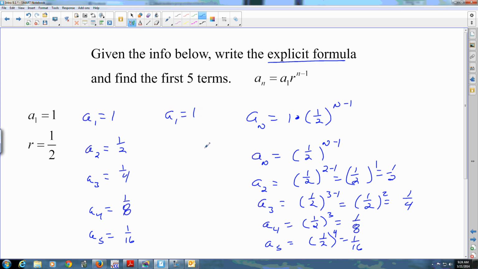Now you guys also could do this recursively. If you multiply each term by the common ratio, you get the next term. So the previous term, I meant to say. So a sub 3 would be a half times a half, which is a quarter. So I'm doing this recursively. Take your previous answer and multiply it by the common ratio.